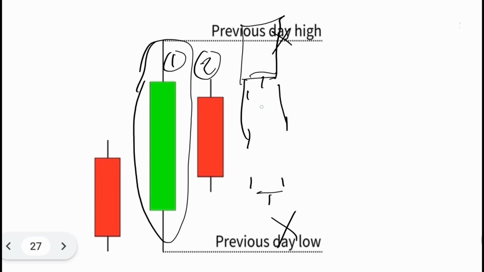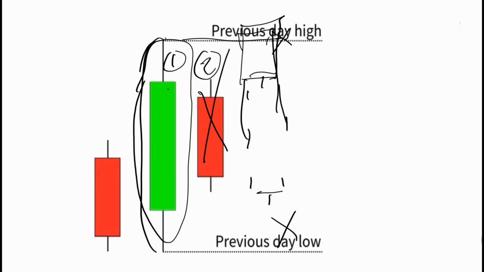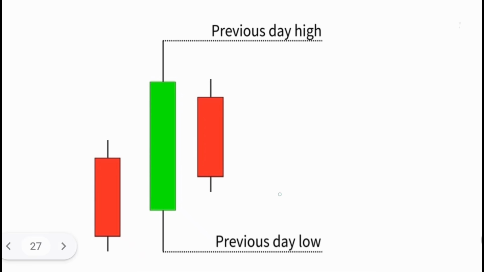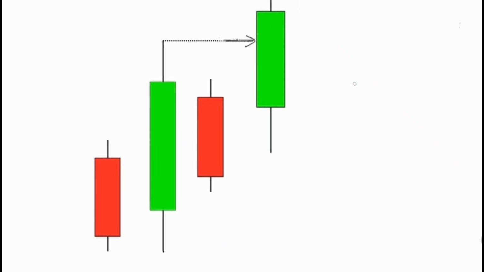This third candle has to be bullish. I'll just ignore this and follow this. It's going to break this daily candle high. Now let us see what it means on the chart. This candle did not take out this high, did not take out this. I'm going to use this as a bias.